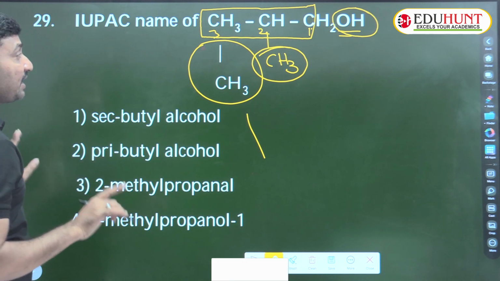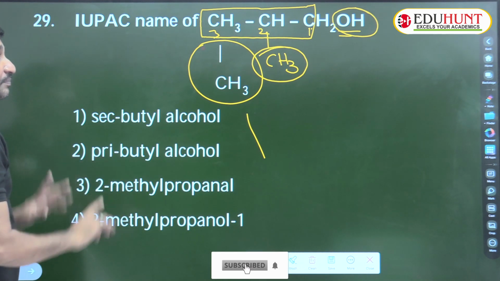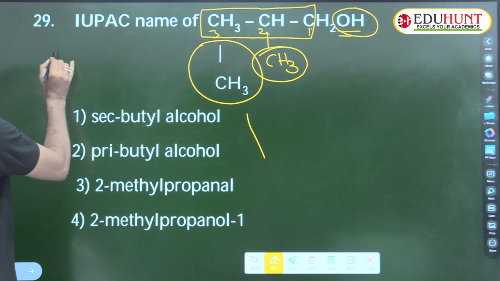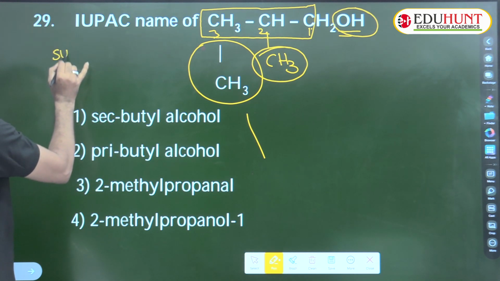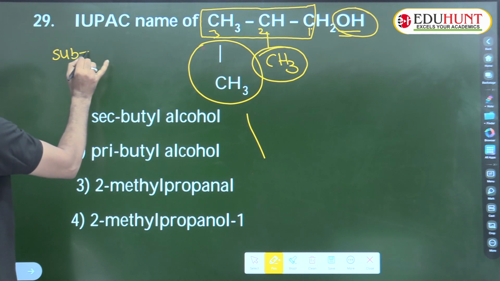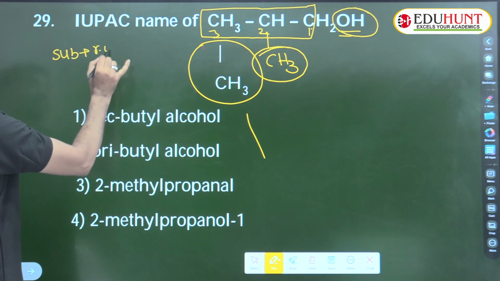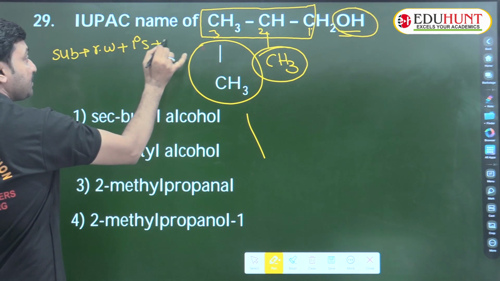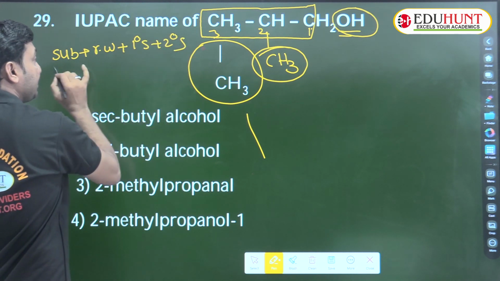After numbering the parent chain, you should write in the order of the IUPAC name. What is the order? First we write substituent, then root word, then primary suffix, next secondary suffix. You should write in this way.